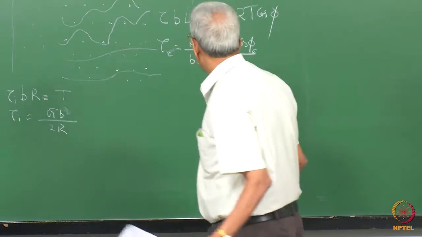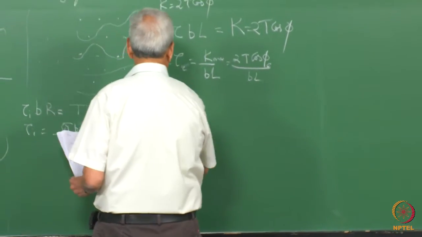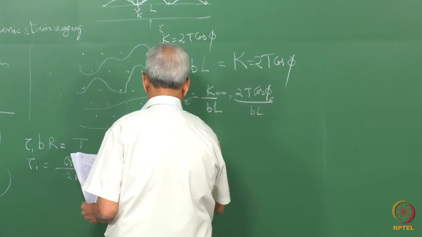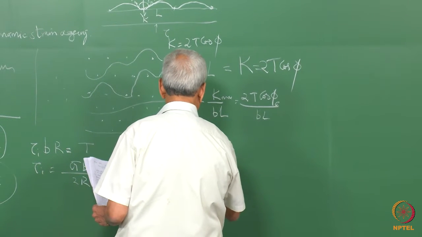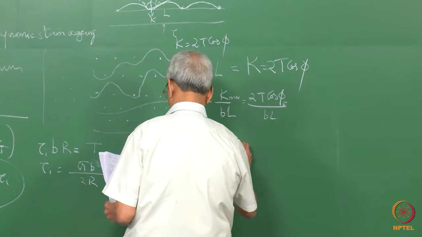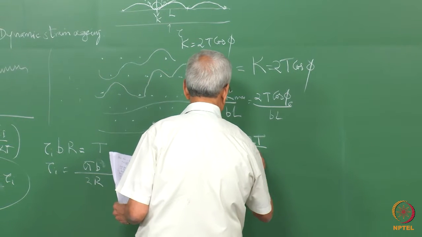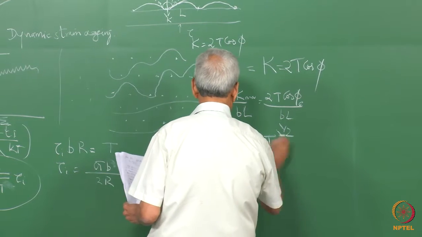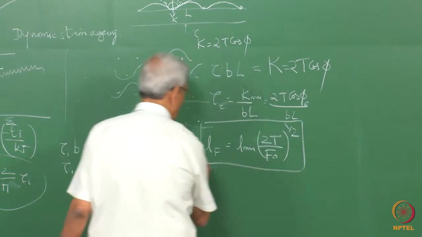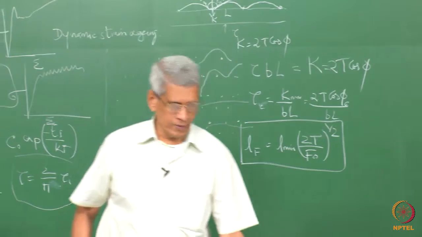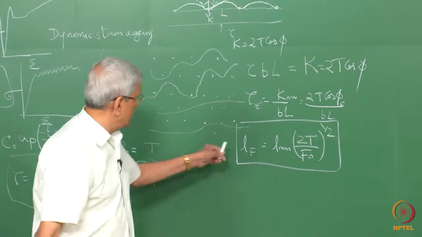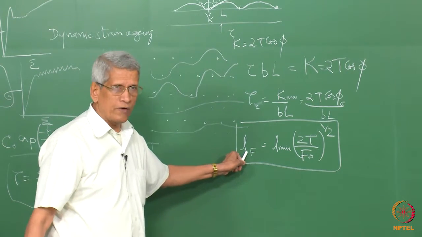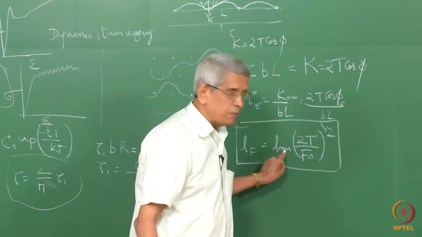Okay, that Friedel spacing, essentially the formula is this. The spacing it is going to have is L minimum.